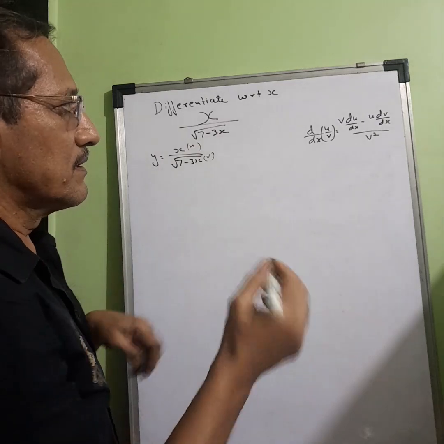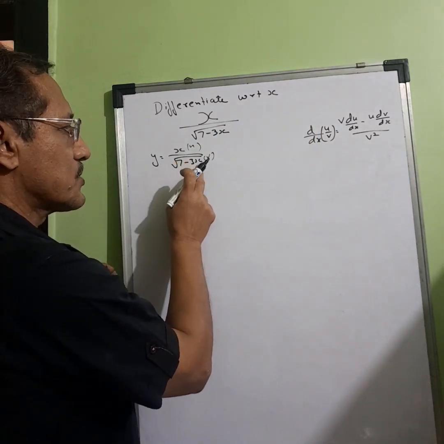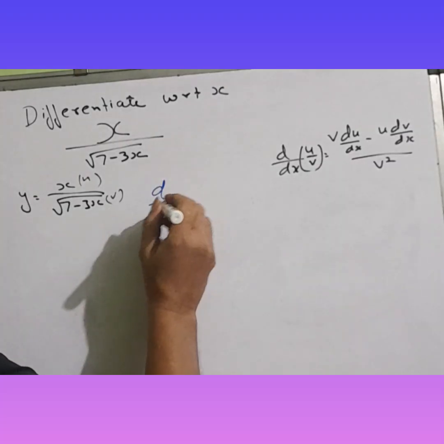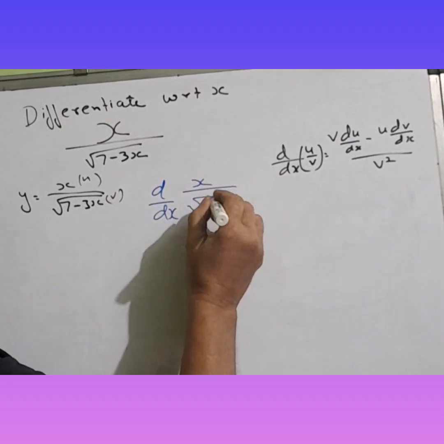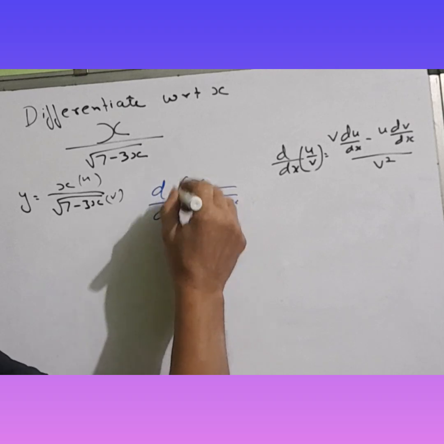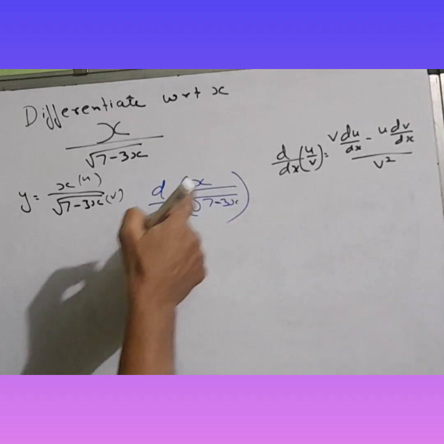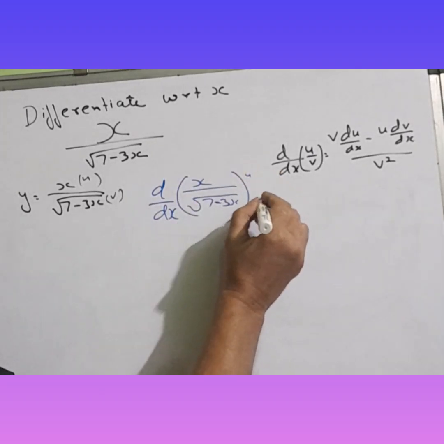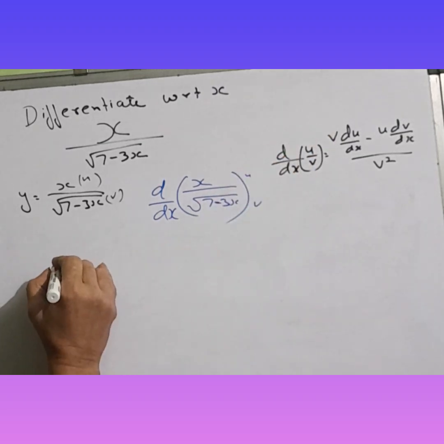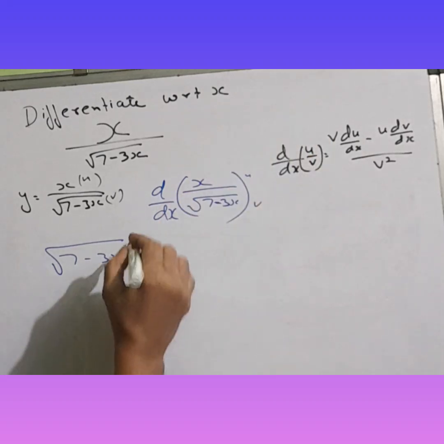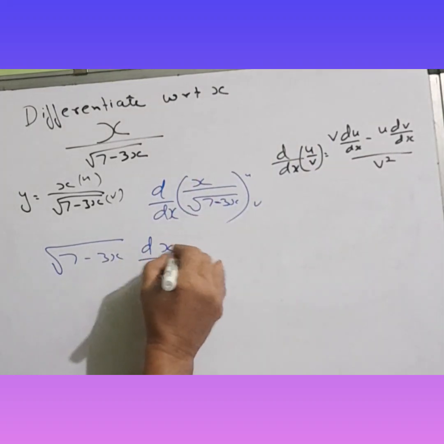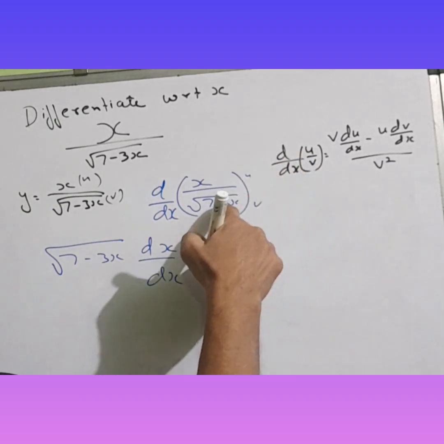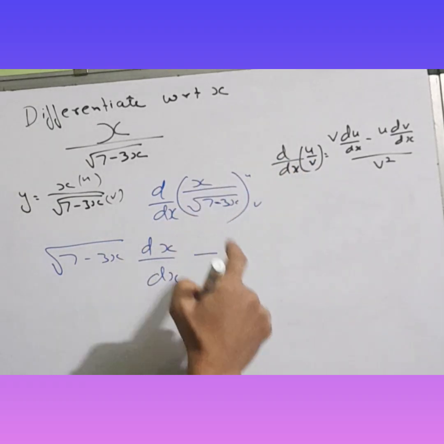Alright, so once categorized, it would be d by dx of x, then this would be equal to, this is our u and this is our v. So it would be v, which would be as it is, and d by dx of x, minus u.